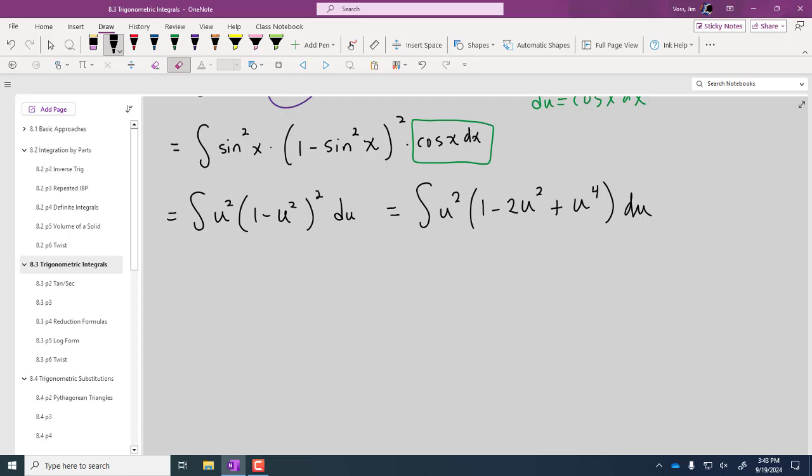So a lot of these powers of trig functions will end up boiling down, after you do your substitution, to simply a polynomial. And we love integrating polynomials. The power rule is one of the easier ones that we can manage.